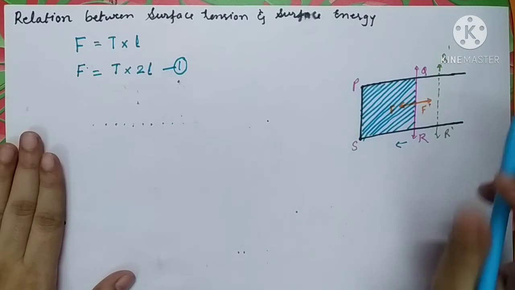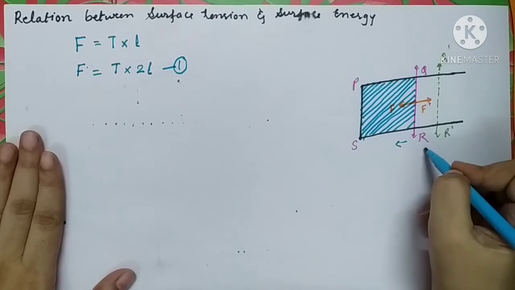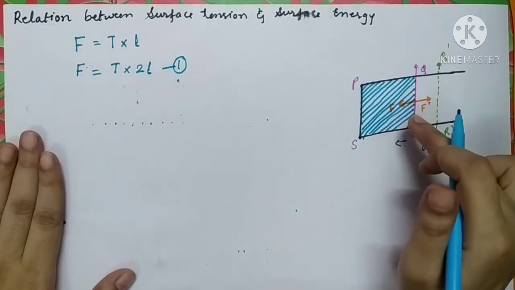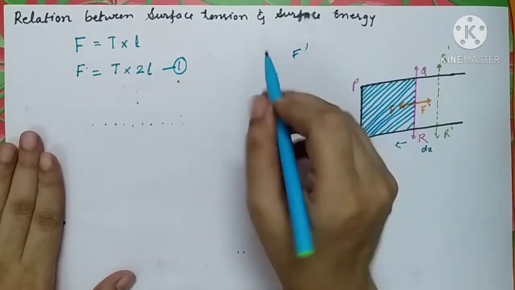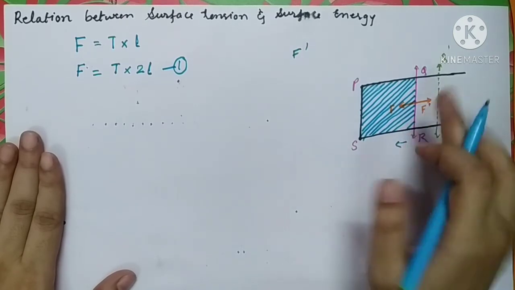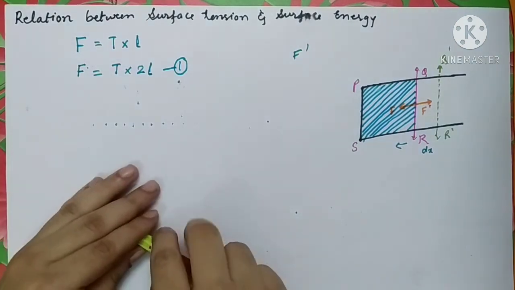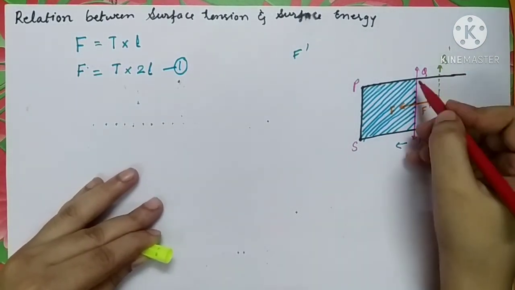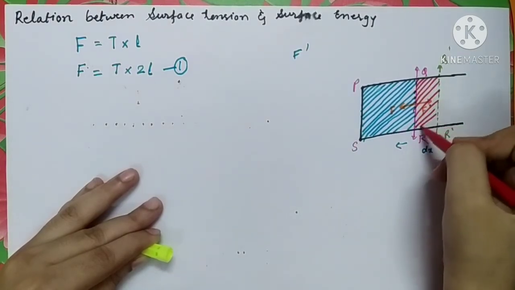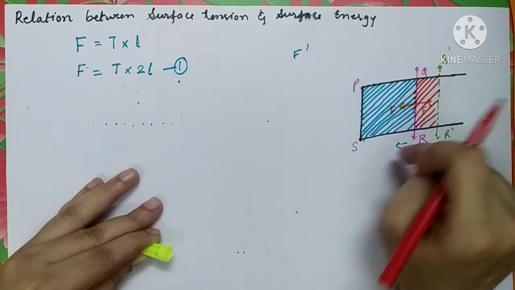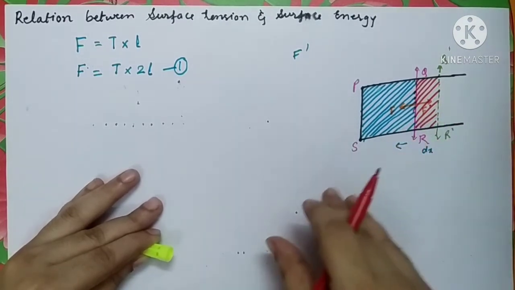Now let's move the wire QR through a small distance, say dx. In order to move the wire QR, you will have to apply a force, say F'. F' is the force applied on the wire QR in order to increase the surface area of the film. Once the wire QR is displaced from its position, the soap film will be formed in the entire region PQ'R'S. So the surface area of the soap film will increase.